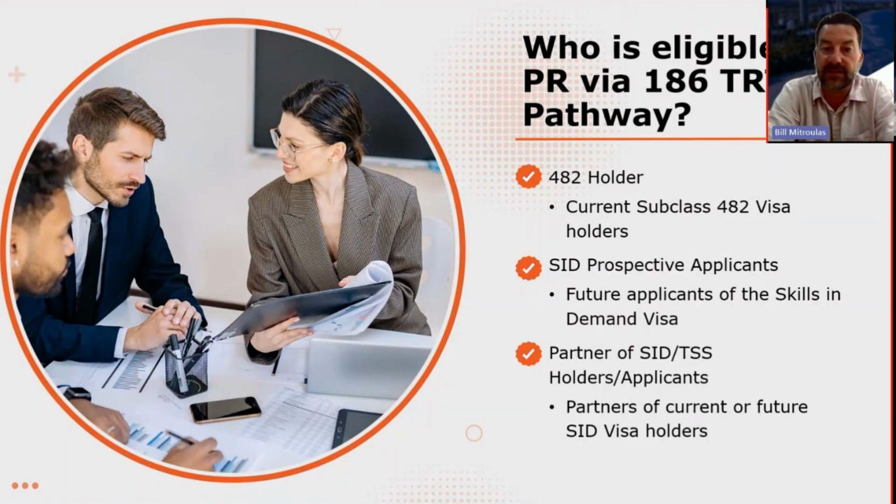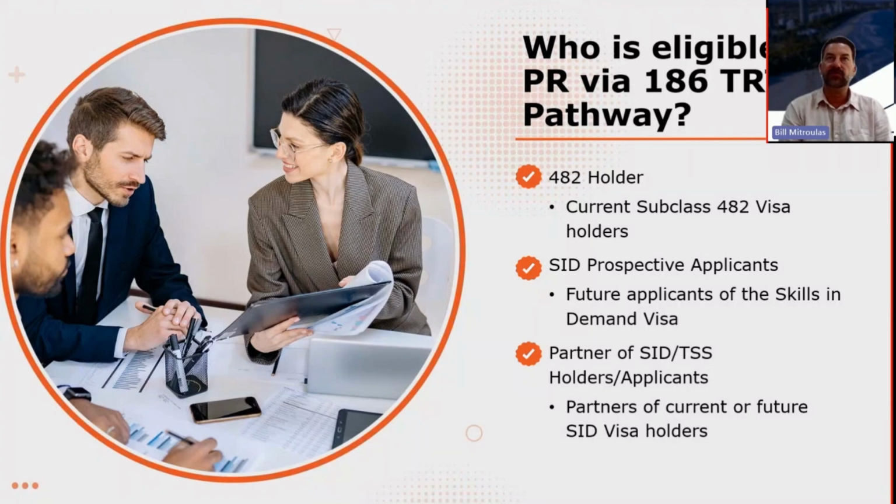On top of that, any partners of Skill in Demand or temporary skills shortage visa holders or applicants, so partners of current or future Skill in Demand visa holders. So basically, you don't necessarily need to be included in the Skill in Demand or temporary skills shortage visa at any stage.